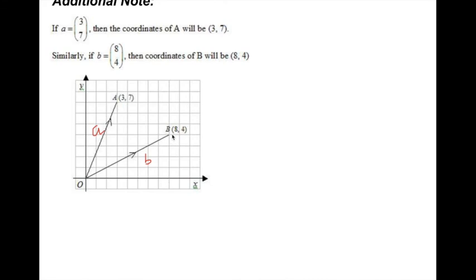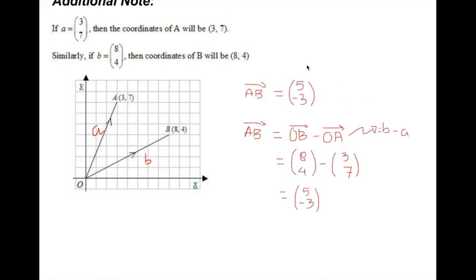And if you are asked to find the column vector of AB, you will answer 1, 2, 3, 4, 5, 5 units to the right and 3 units down, so that's 5, negative 3, right?